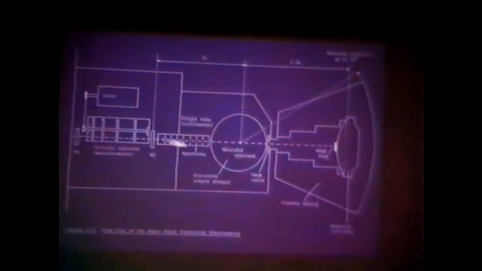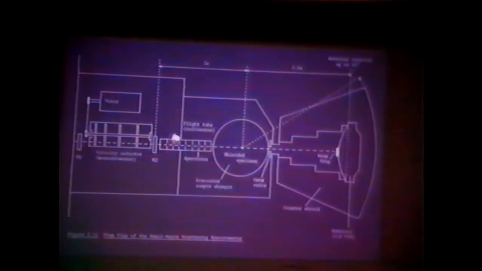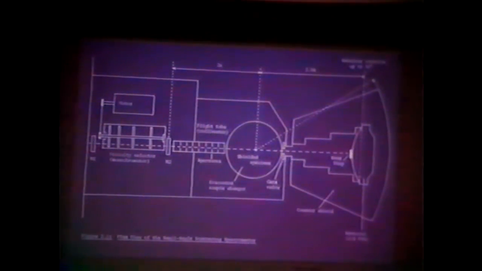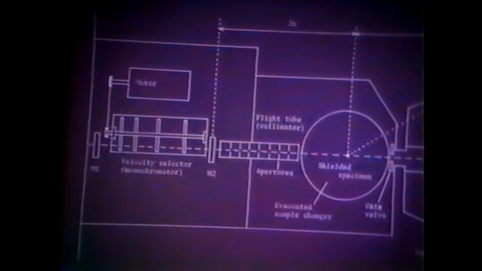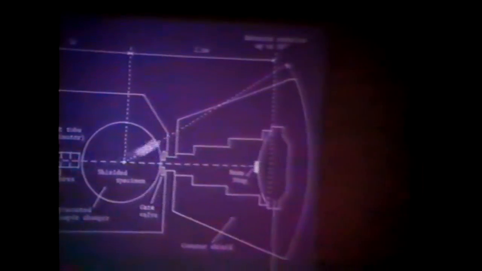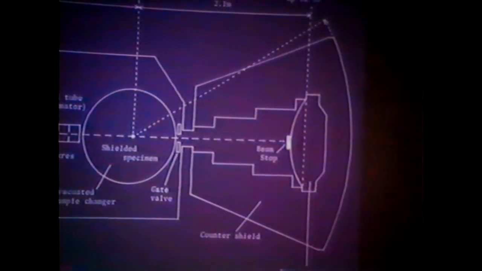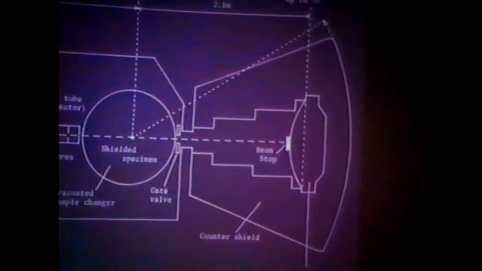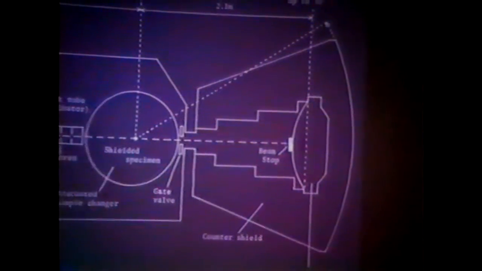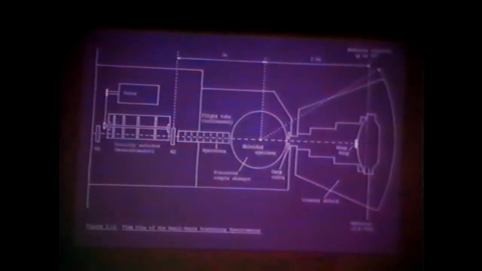It's pretty fast. Then a flight tube, and the sample is contained in a 1 millimeter path length aerosol type glass container. The forward scattered neutrons are detected by a BF3 detector shown on the right.